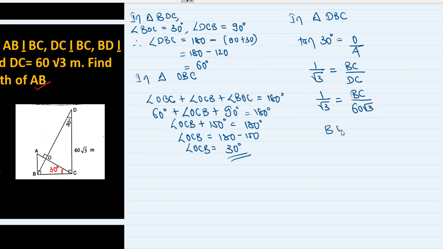So BC is equal to 60 root 3 by root 3. So BC equals 60 meters. Now we can consider triangle ABC.